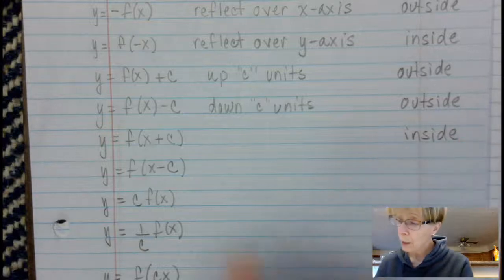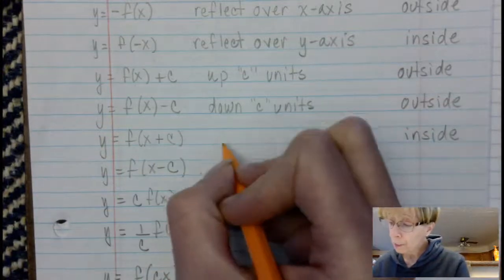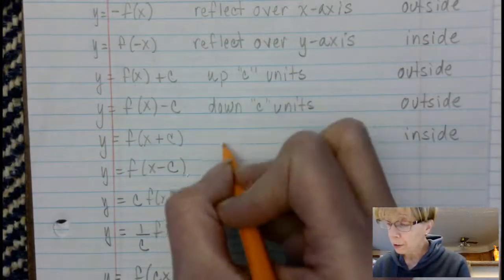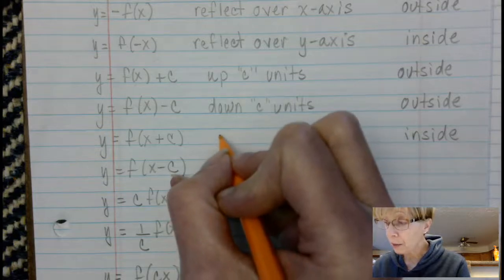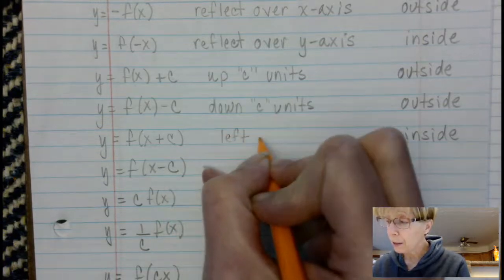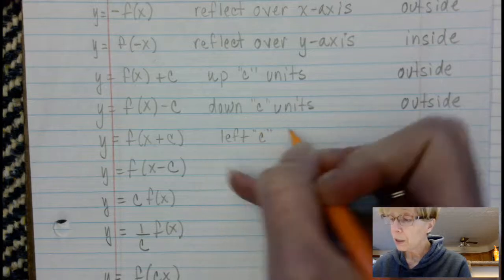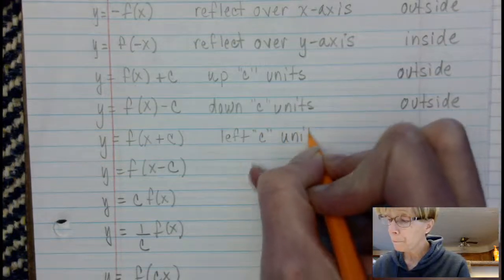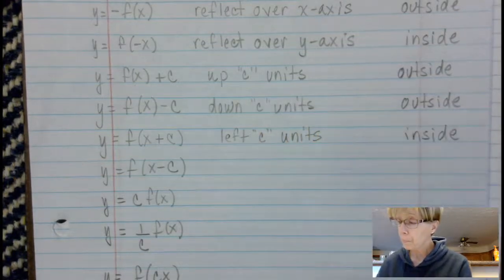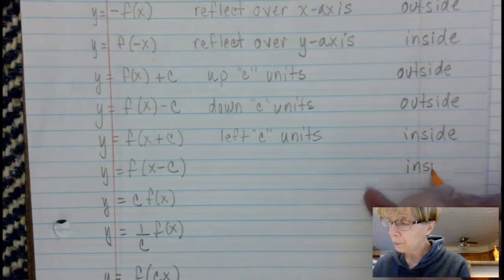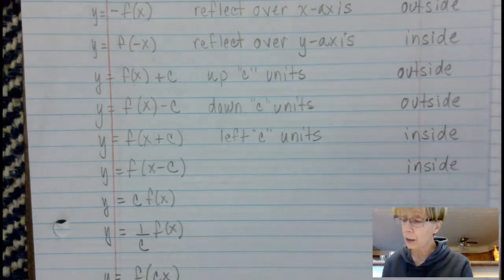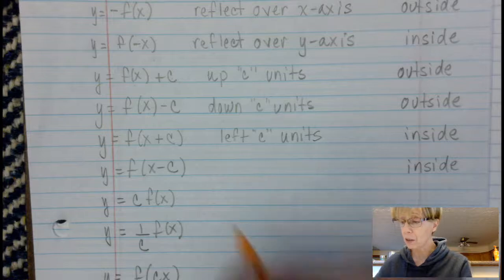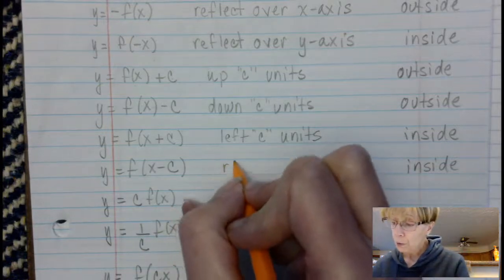If we multiply our graph by something outside of the function, which is the f of x, then this is going to be a vertical stretch. So far I haven't seen very much where they ask how much it's come into play for graphing.